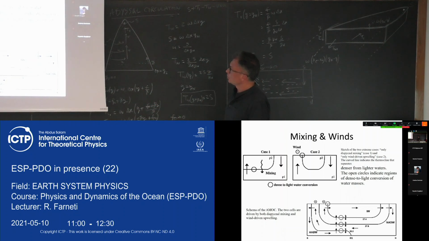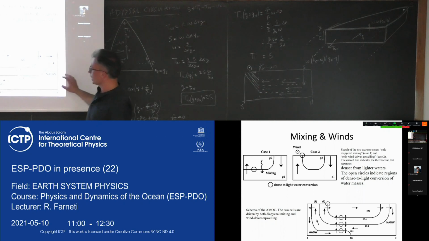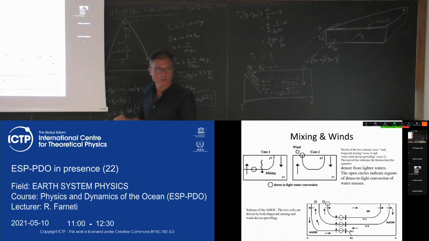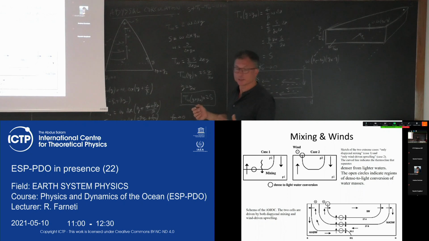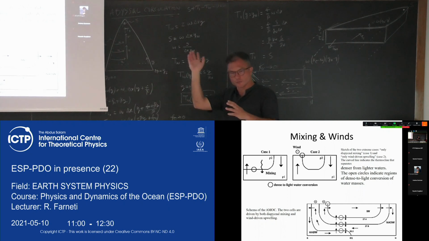So the transport cannot be isopycnal at the surface. At some point you have to cross. And so the most probable case of the meridional return circulation in reality is a mixture of the two. So you need some vertical diffusivity, but somewhere, not everywhere. Like in the case of the western boundary current, you need diffusivity to cross f over h contours, but then you can just flow along f over h contours without diffusivity.